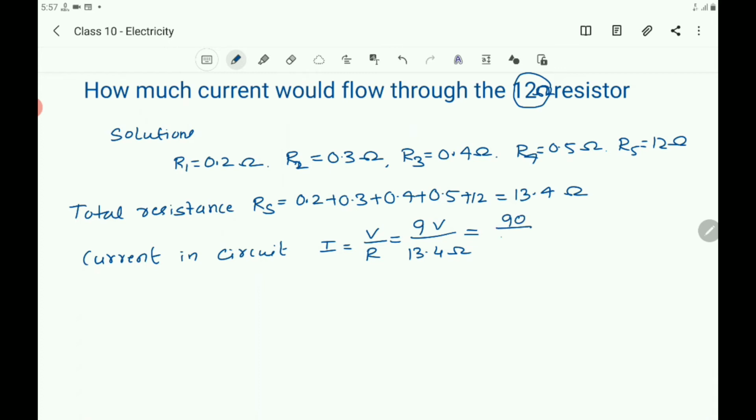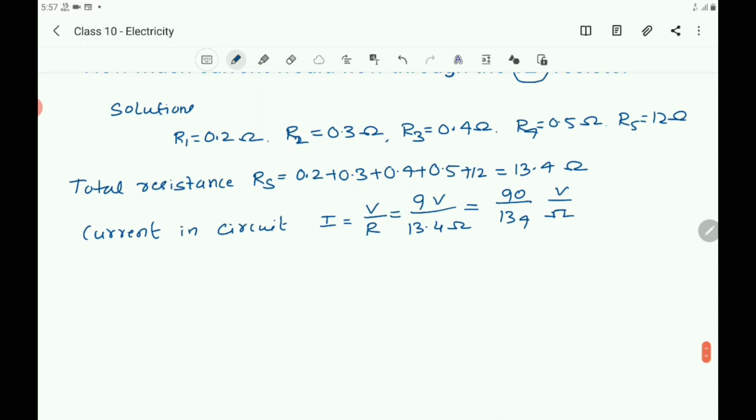Here you can have 90 by 134, that is the current. First write V by ohm only, then 90 divided by 134, or first try to cancel it to simplify it, that is 2 45s are, 2 67s are.